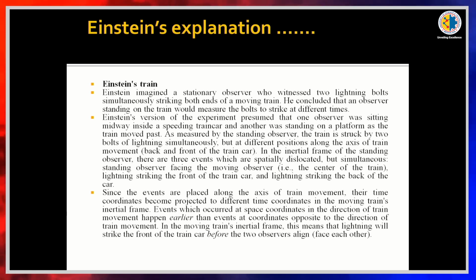Lightning strikes the front of the train car and the back of the car. Since the events are placed along the axis of train movement, their time coordinates become projected to different time coordinates in the moving train's inertial frame.